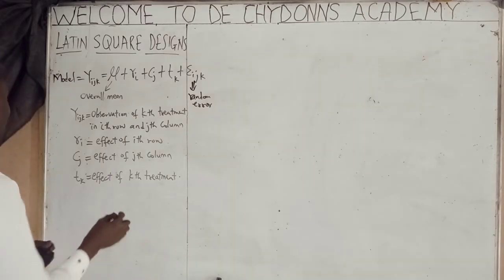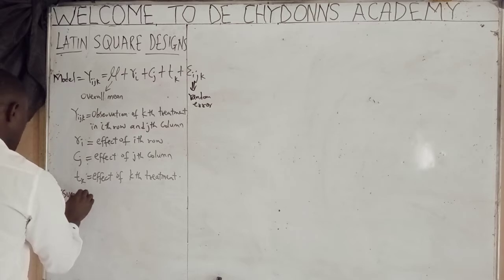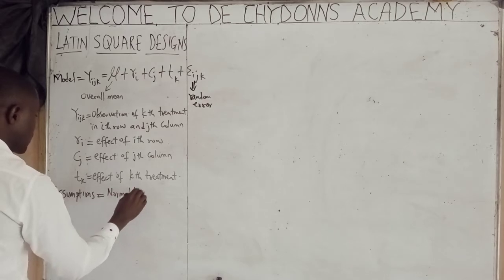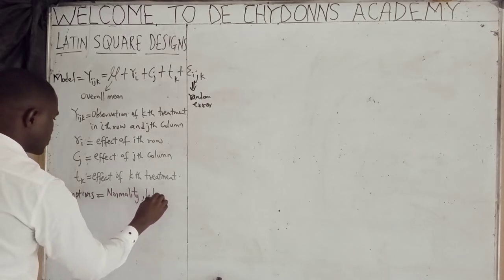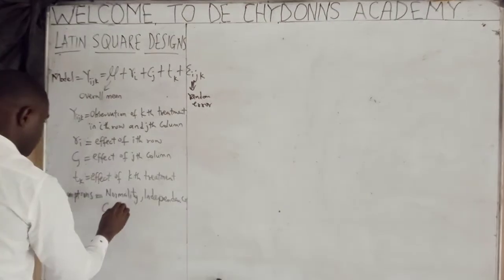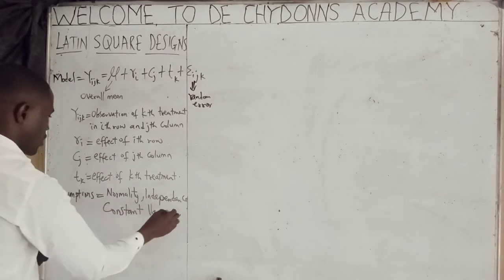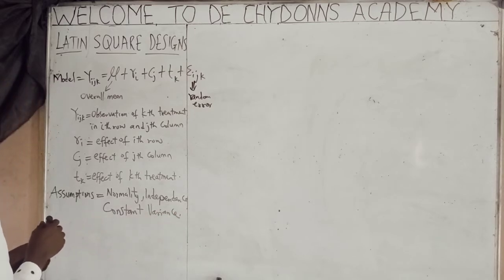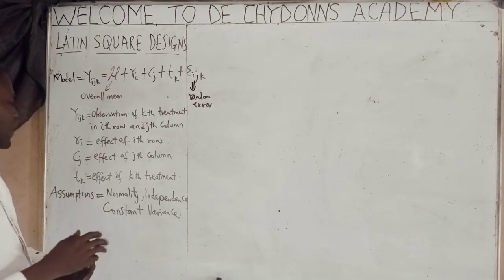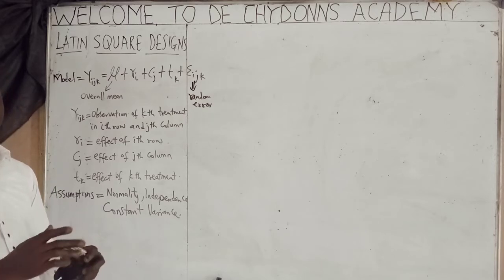Now, it has three assumptions like other ANOVA we have. The three assumptions are normality, independence, and constant variance. Then in Latin square design, the arrangement of any given Latin square design is called the order or dimension.